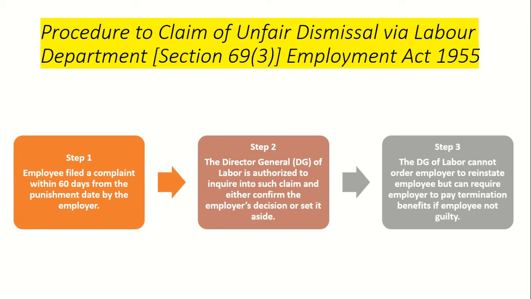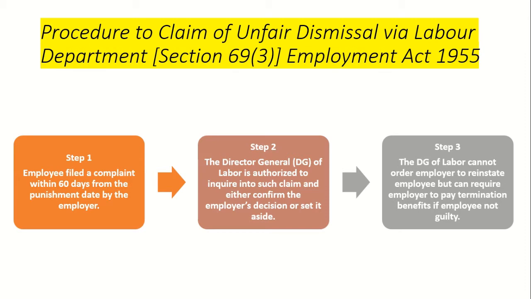Okay, step number 2, the DG of Labour is authorized to inquire into such claim and either confirm the employer's decision or set it aside. So once DG of Labour dah dapat report, dah dapat claim daripada you, so DG of Labour ni dia ada kuasa untuk tentukan sama ada claim you yang betul ataupun keputusan employer terminate you tu yang betul.